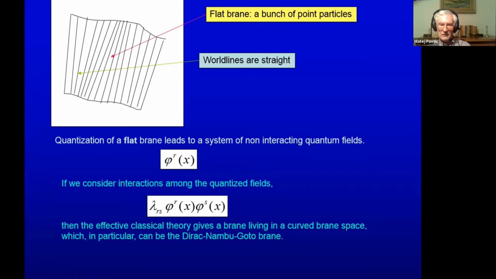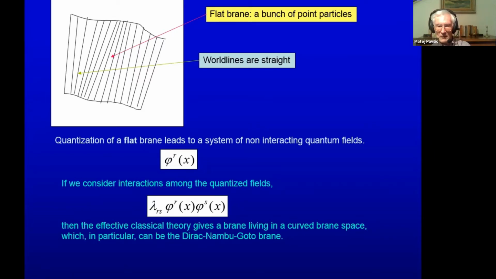There are many fields. If we consider interactions among the quantized fields, with a coupling constant lambda RS that couples two different fields, then the effective classical theory gives a brane living in a curved space, which in particular can be the Dirac-Nambu-Goto brane.